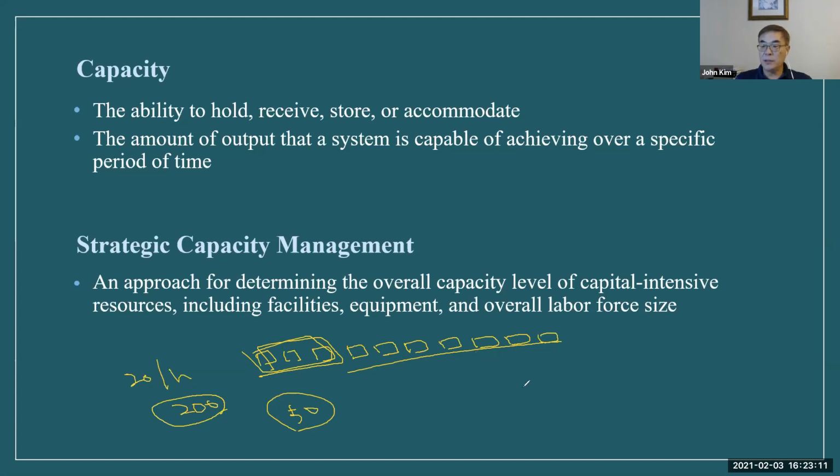How about if capacity is 200, but customer size is 400? Then maybe the waiting line is long.